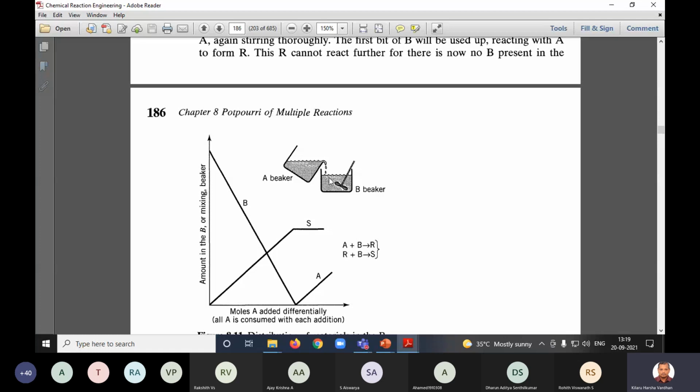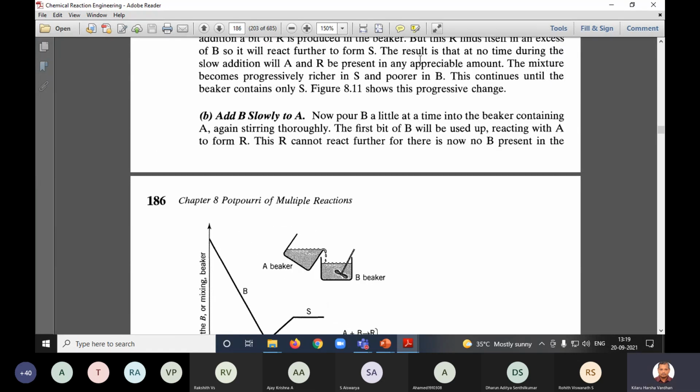The moment A is added still more, B is depleted, therefore the concentration of A is going to increase, whereas the S concentration is the same because B is over. There is no formation of S, so whatever is there will remain the same. That is what is being shown here. This continues until the beaker contains only S.